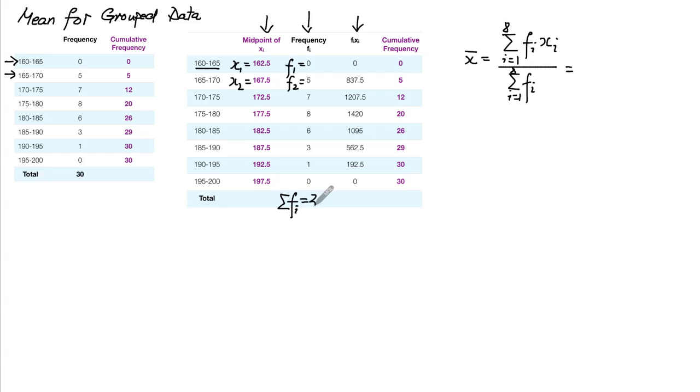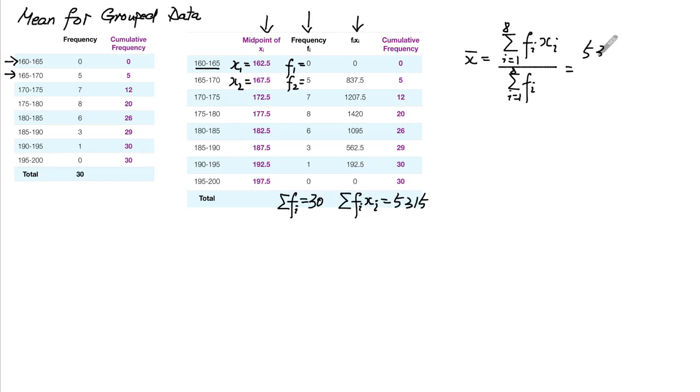Obviously, there were 30 males that were sampled. And if I add up all the products of the frequencies by their midpoint of the heights, that ends up equaling 5,315.